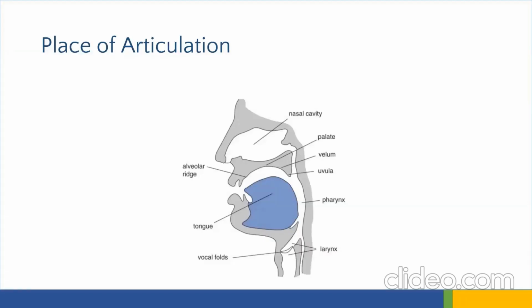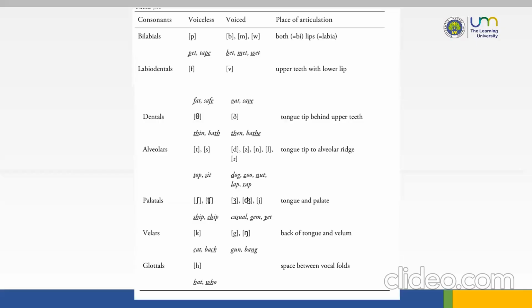Okay, now we go to the next slide, the place of articulation. Mainly, consonant sounds are produced using the tongue and other parts of the mouth to constrict or shape the oral cavity through which the air is passing. Starting from the front of the mouth and working back describes the place of articulation of most consonant sounds.